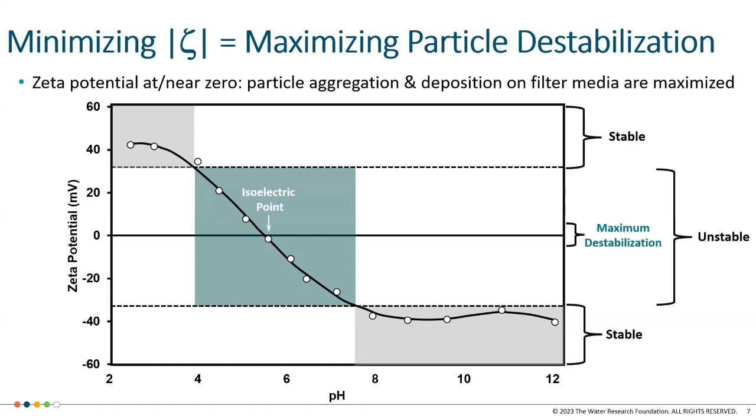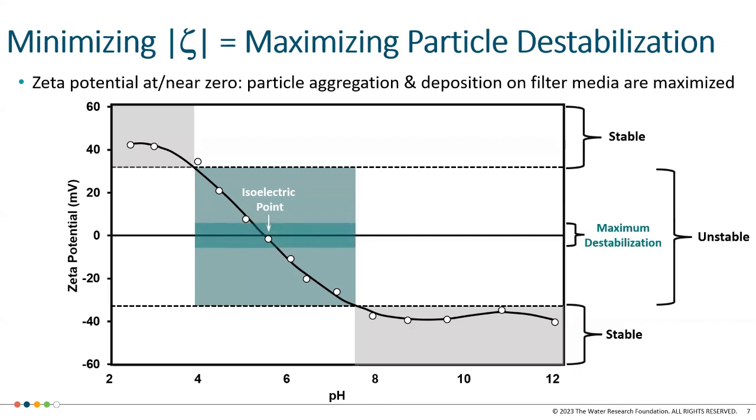Here's where I think it's important to emphasize that particles can be somewhat unstable naturally. They can flocculate in natural waters without coagulant addition. So a greater extent of destabilization is needed during treatment, and coagulant addition helps to achieve that extent of particle destabilization that is needed to achieve clarifier and filter effluent water quality targets and performance expectations.